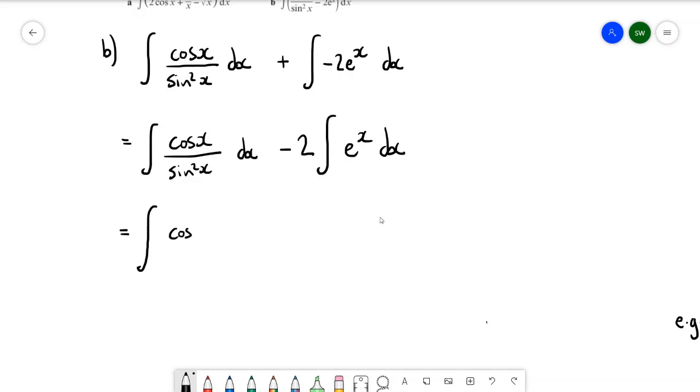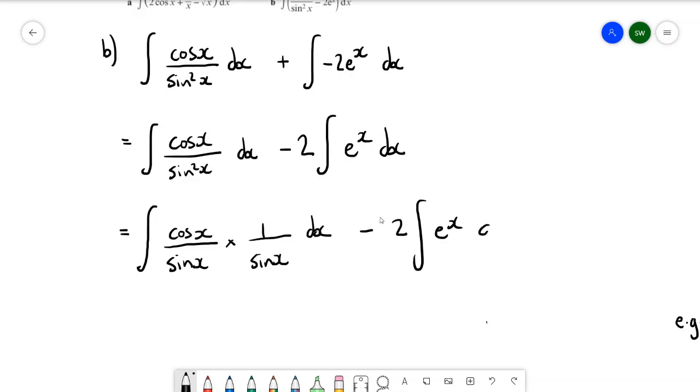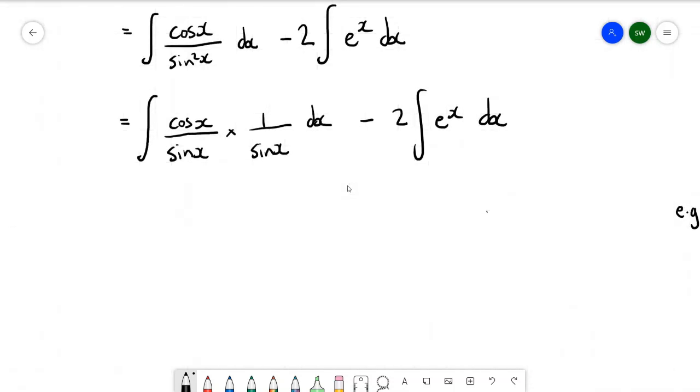If we write it as cos x over sine x multiplied by 1 over sine x, then these two fractions multiplied together is equivalent to cos x over sine squared x. The reason we've done that is because cos x over sine x is cot x, and 1 over sine x is cosec x.